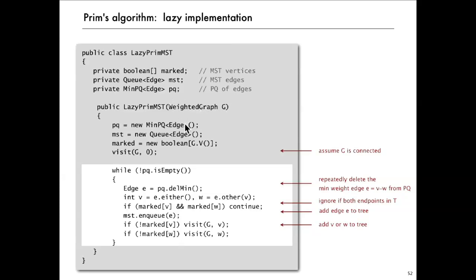Given a graph, we'll build the priority queue, we'll initialize all the data structures, and then we'll visit, and we'll show what the visit routine does. That's the one that processes each vertex when it gets added to the tree. We'll look at that in the next slide.